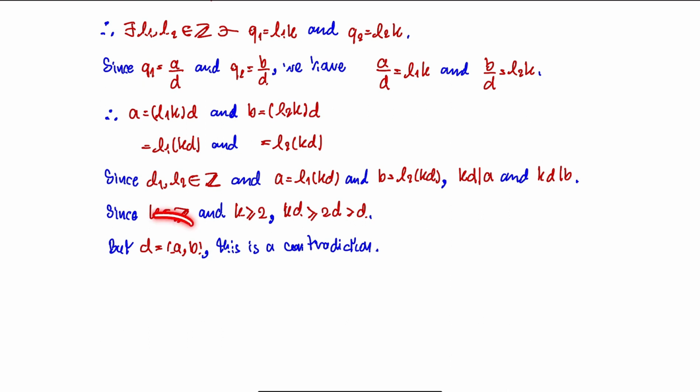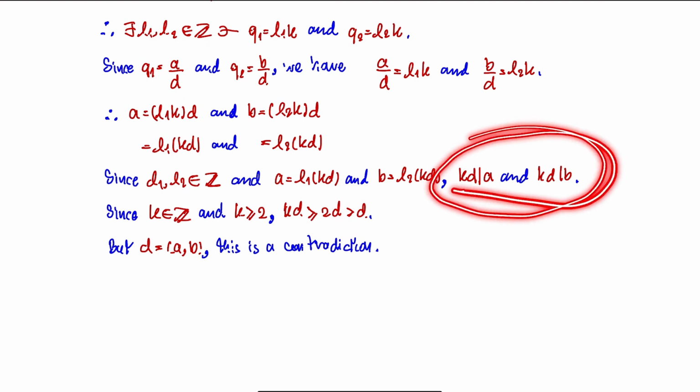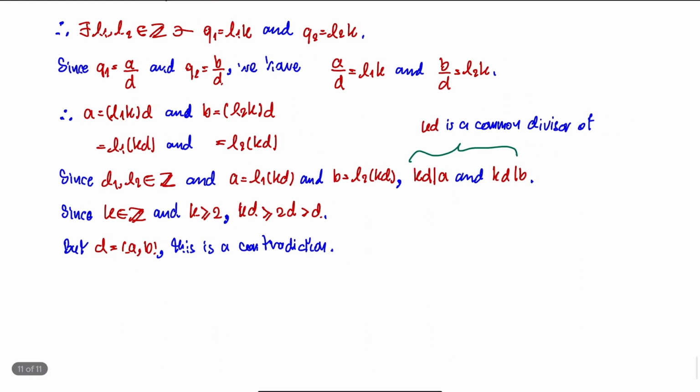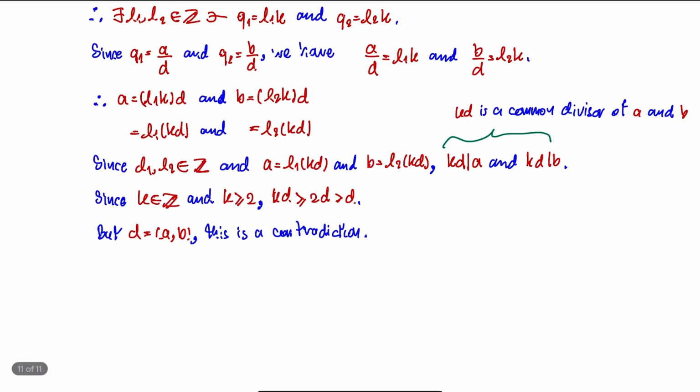Because D is the greatest common divisor of A and B, and we have K D, which is greater than D, and K D is a common divisor of A and B. So this is a contradiction.